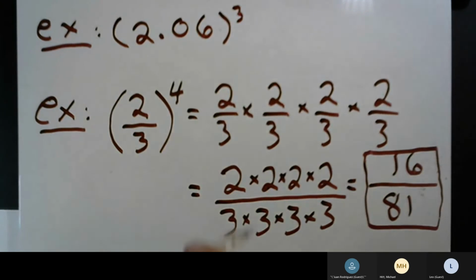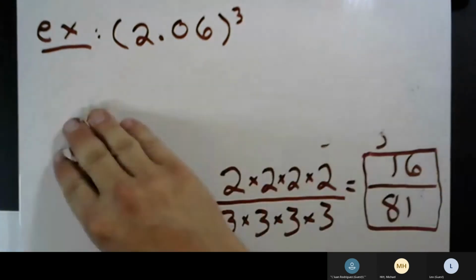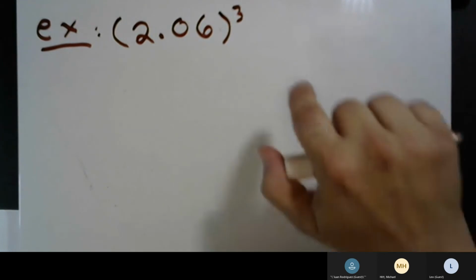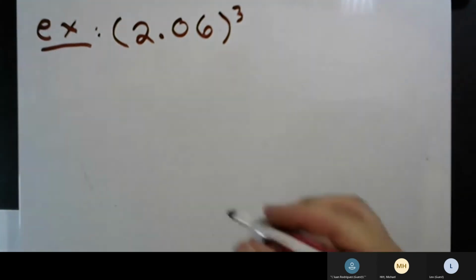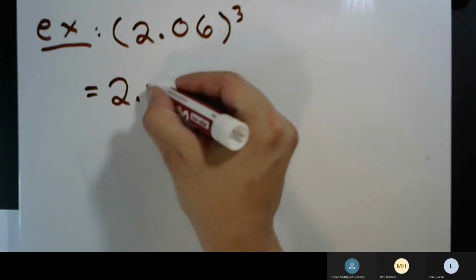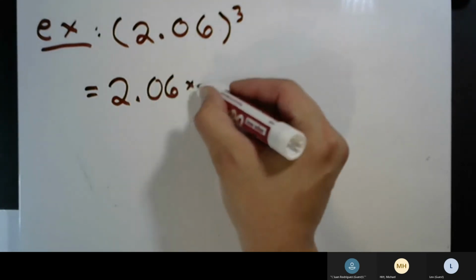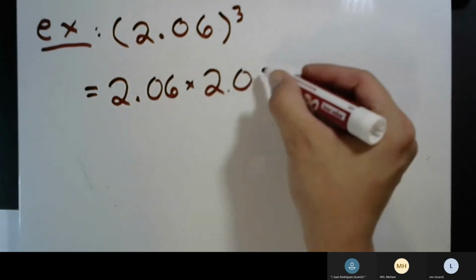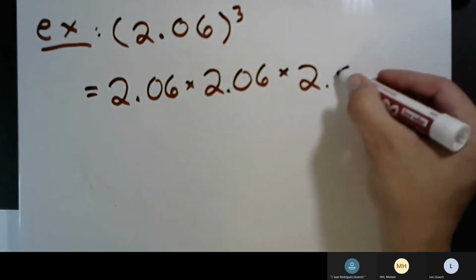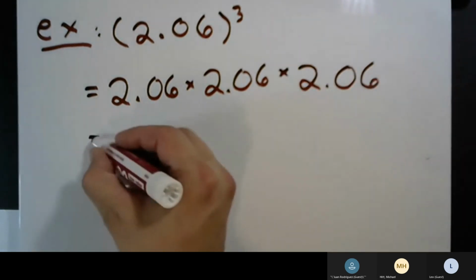So if we take 2.06, or 2 6/100, and we give it a power of 3, we have 2 6/100 times 2 6/100 times 2 6/100.